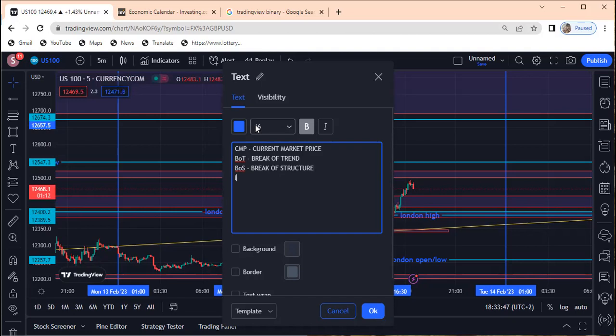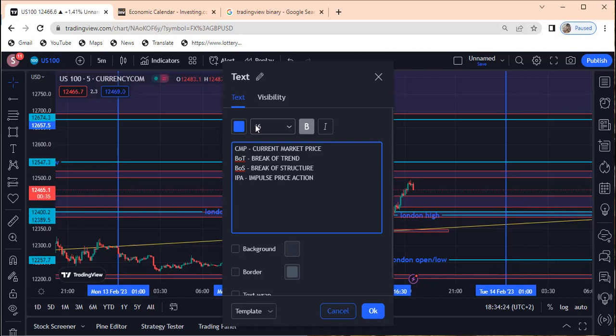Then we have IPA, which is impulsive price action, which is when we are getting basically an institutional movement. You see, so we call that impulsive.